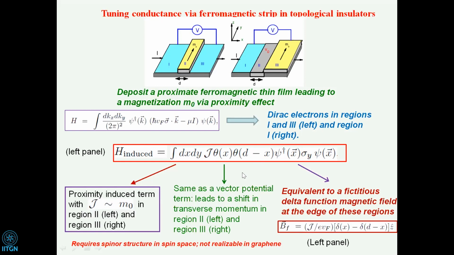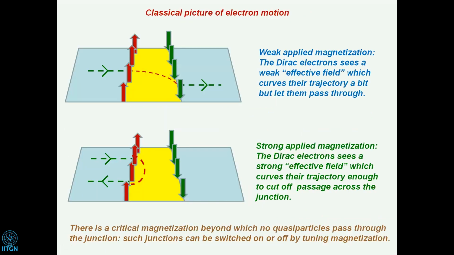Now you see that this is similar to the vector potential for the electrons out here. But right at the edge where this goes from m0 to 0, because you cross over from 2 to either 1 or 3, it essentially leads to a fictitious magnetic field. This is what I showed here.